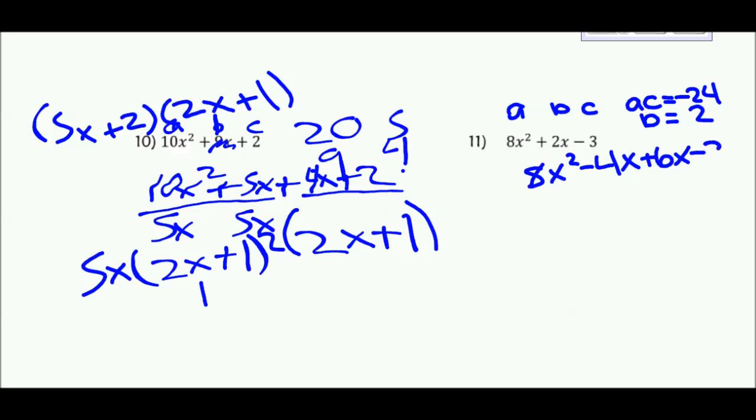Minus 2. And you divide by 4x to 8x squared negative 4x. And then you get 4x outside the parentheses and then 2x inside minus 1. Get 3 outside parentheses. Put 2x inside minus 3.